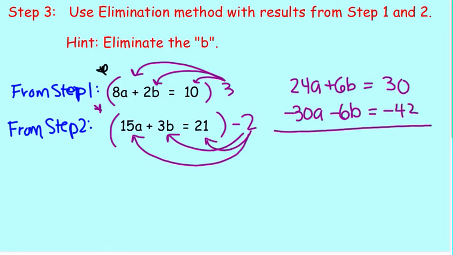Now let's add those equations together. We want that b to cancel out. So 24a minus 30a is negative 6a. These two will cancel out, equals 30 minus 42 is negative 12.